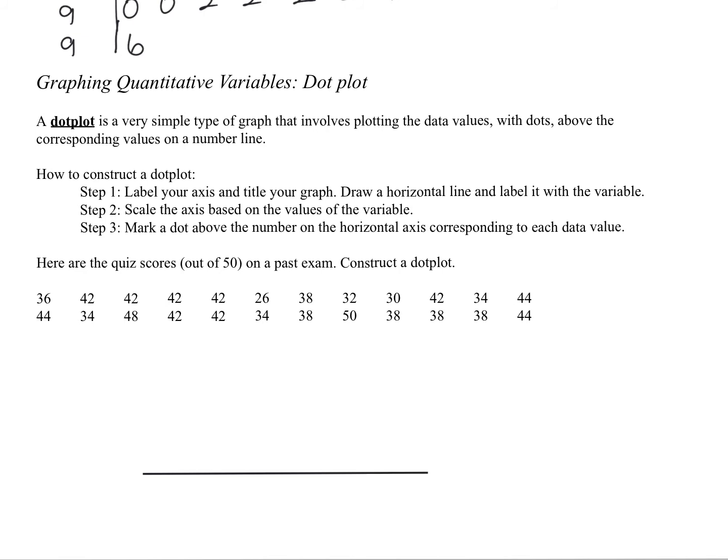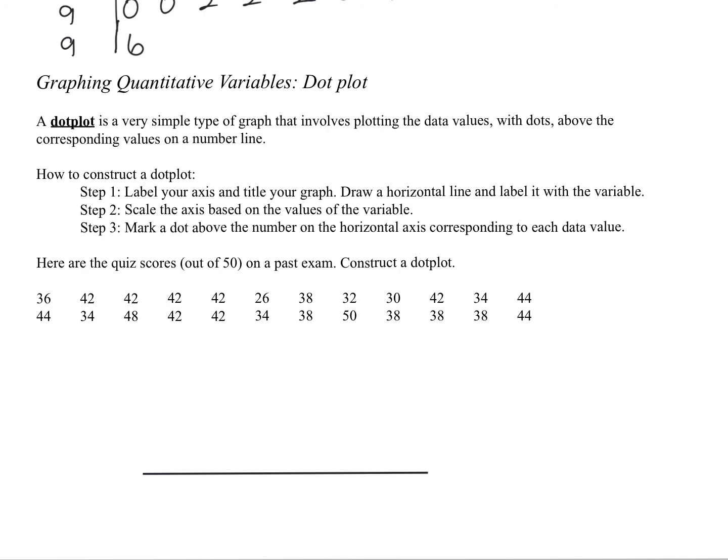But if your x-axis and your title don't match, you'll need both. So we draw a horizontal line, label it, scale it based on the data we're given, and then mark dots above the number along the number line. If we have multiple values, we just keep placing dots above it.